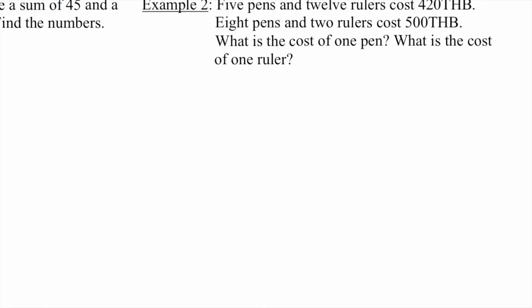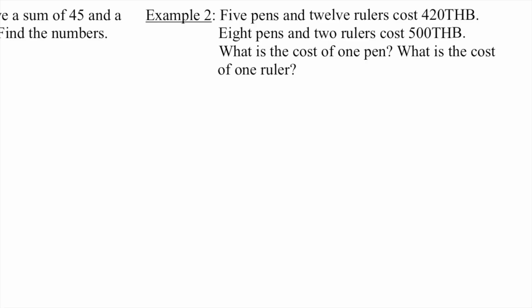Now let's look at example 2. 5 pens and 12 rulers cost 420 baht. 8 pens and 2 rulers cost 500 baht. What is the cost of 1 pen? What is the cost of 1 ruler? So here I'm going to let P be the cost of 1 pen.